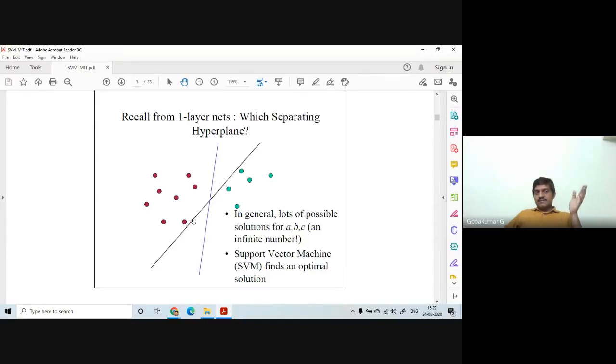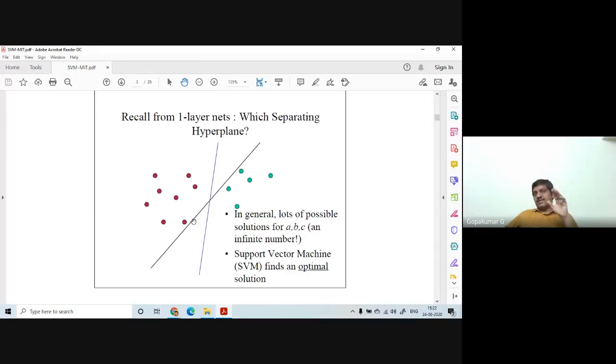From a single-layer neural network, that means one input layer and one output layer, that's all, we know that the straight line is W transpose X plus W0. The output layer simply produces a straight line.